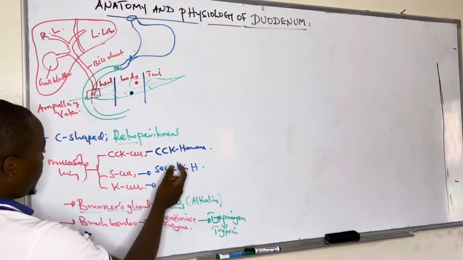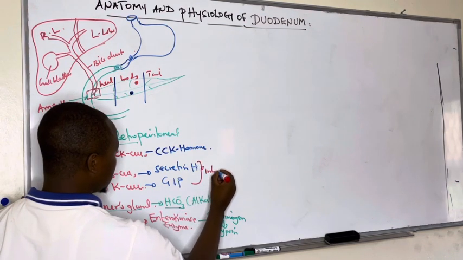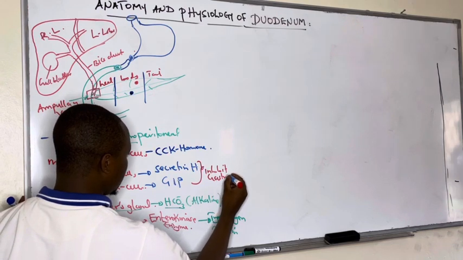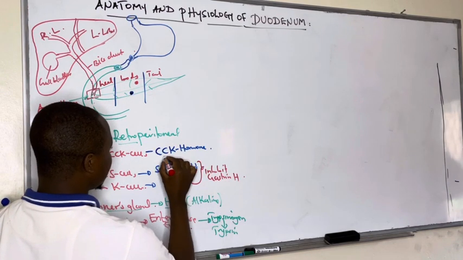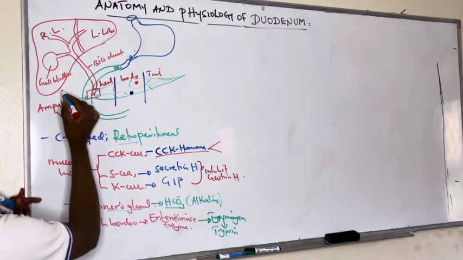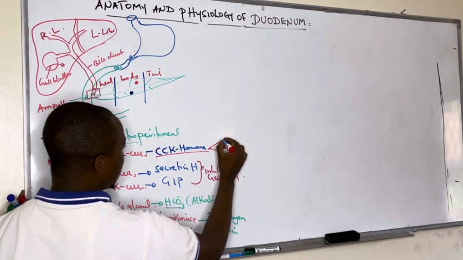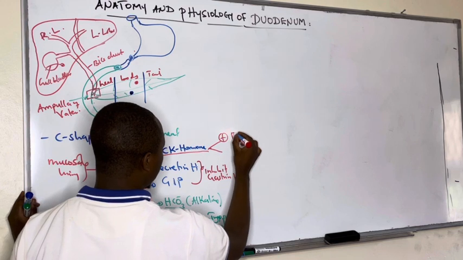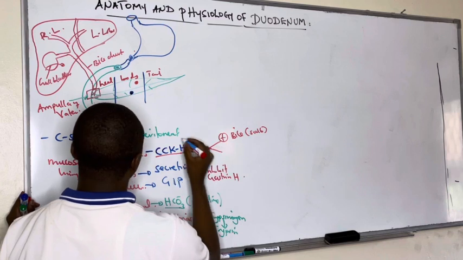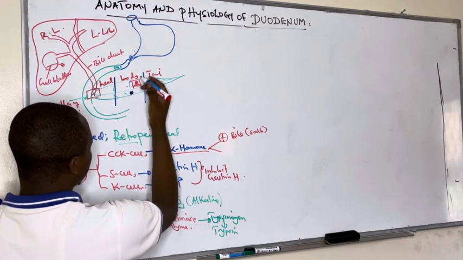The ones from the S cells and K cells act by inhibiting the production of gastrin hormone, whereas CCK has two roles. It goes to the gallbladder and stimulates secretion of bile containing bile salts. Then it also goes to the pancreas and stimulates the pancreatic acinar cells.